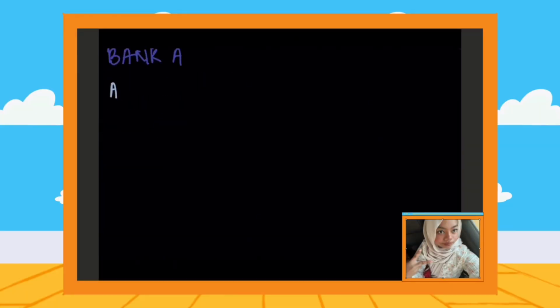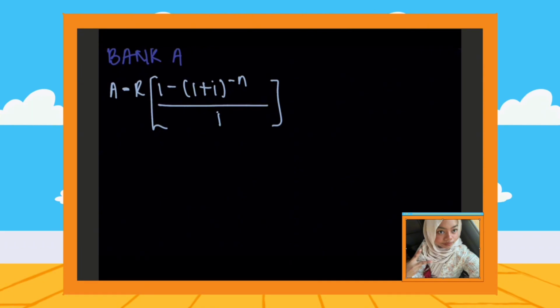For bank A, we need to use the present value formula, which is A equals R, bracket 1 minus 1 plus i, close bracket, with the power of negative n, and you divide it by i.